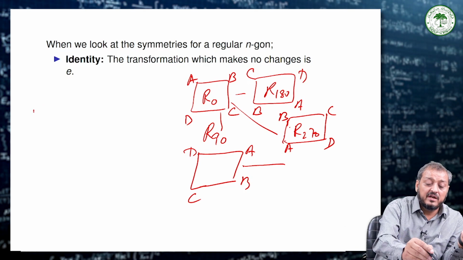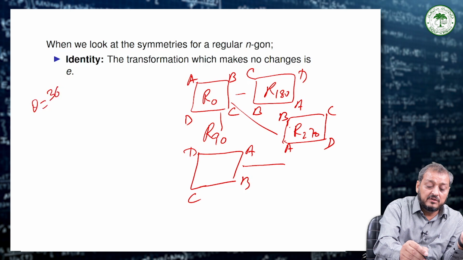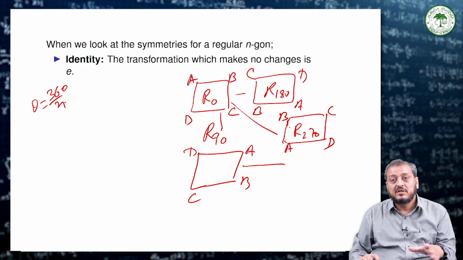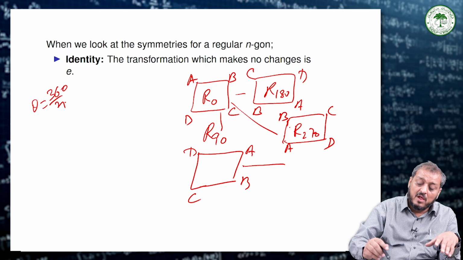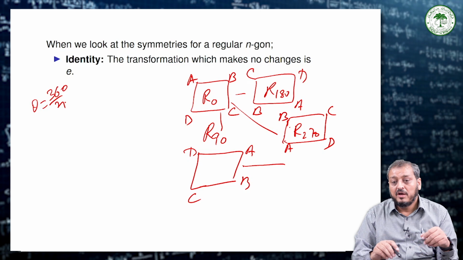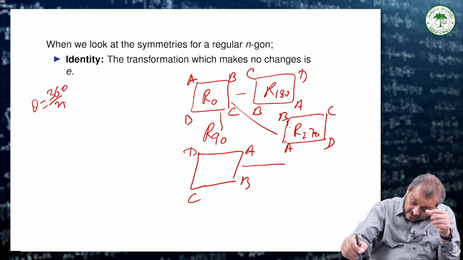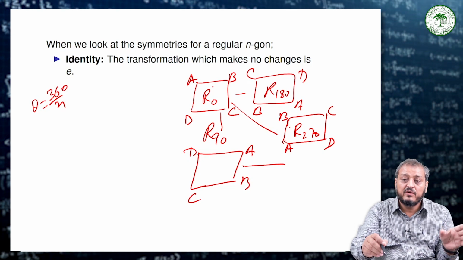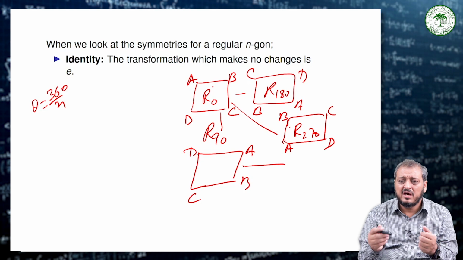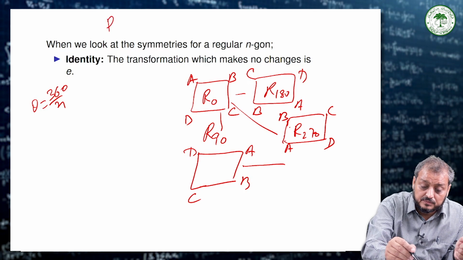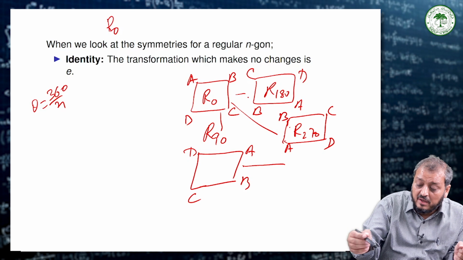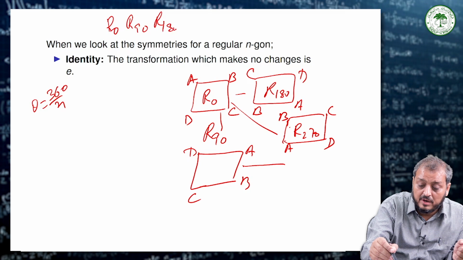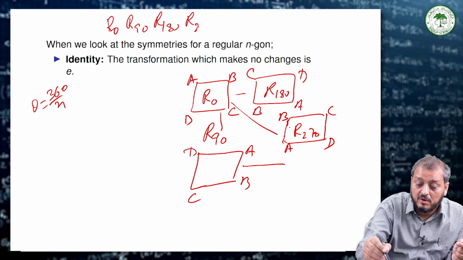In general, the rotation angle theta is 360 degrees over n for an n-gon. These are the only four possible rotations, because the next rotation gives the identity again. So these are the rotations that make a change. We denote them as r0 for this example, then r90, r180, and r270.